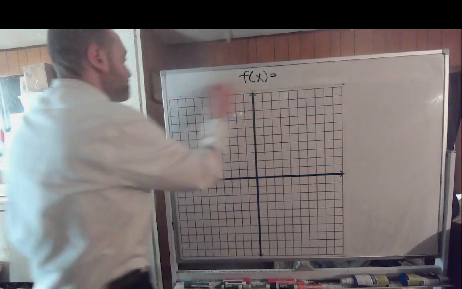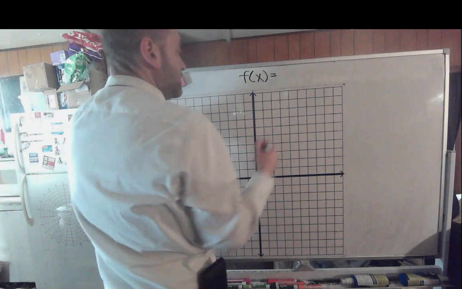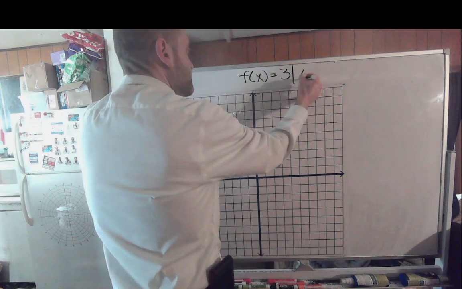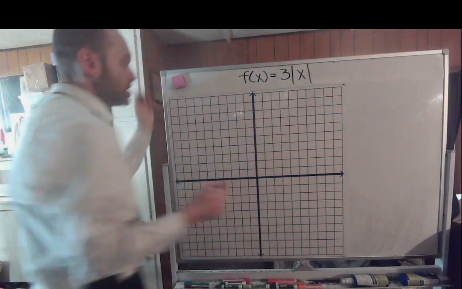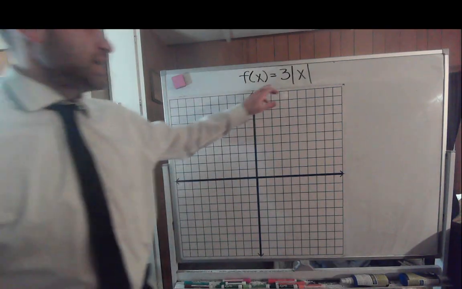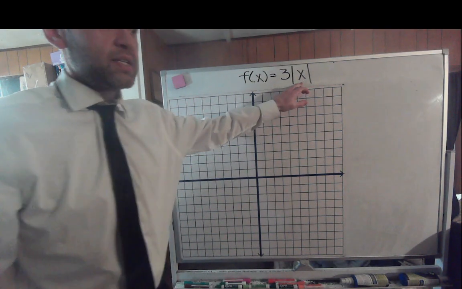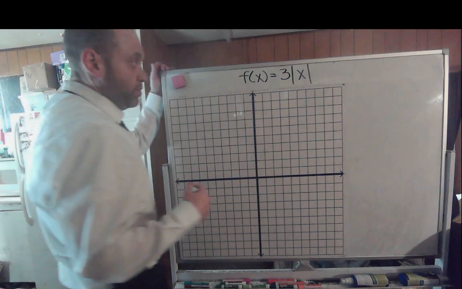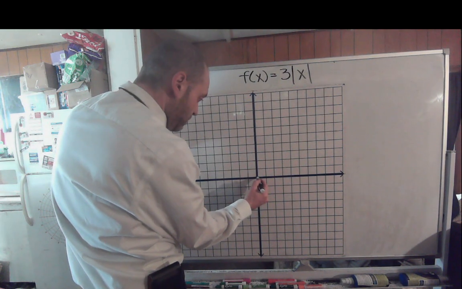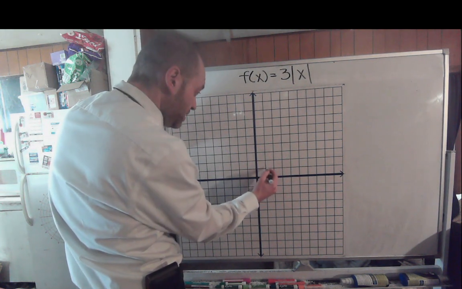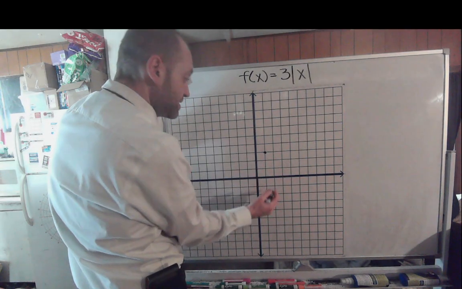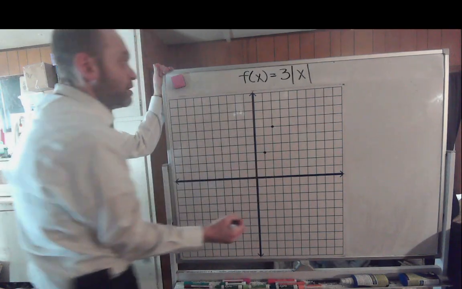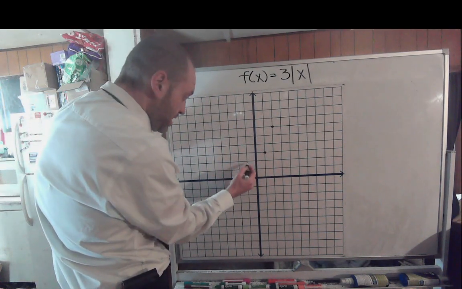Alright, now, let's see. I'm going to take 3 times the absolute value of x. So I'm just going to multiply everything by 3. When x is 0, I'll still get a y of 0, but when x is 1, I would get a y of 3. When x is 2, I would get a y of 6. Now when x is negative 1, I'll get a y of 3.